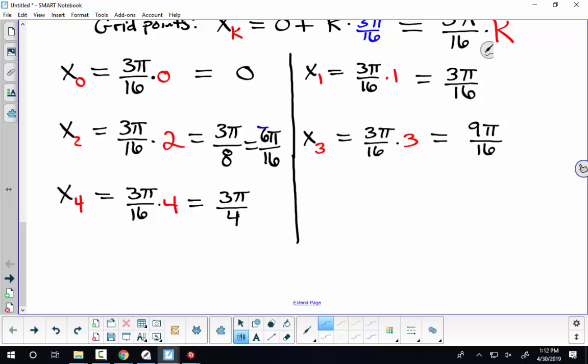Okay, so notice we start at 0, and then we end at 3 pi over 4. x sub 0 is a, x sub n is b. And that's how it should work out, right? If our function's defined on this particular interval, we shouldn't have rectangles exceeding the right endpoint, which was 3 pi over 4. So then we can list the grid points out.